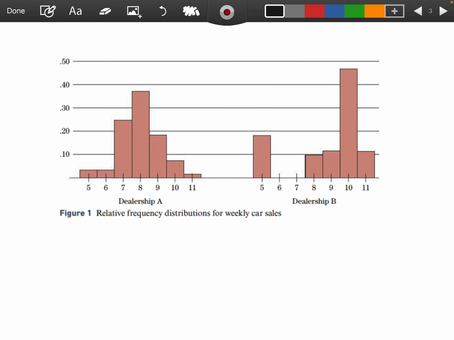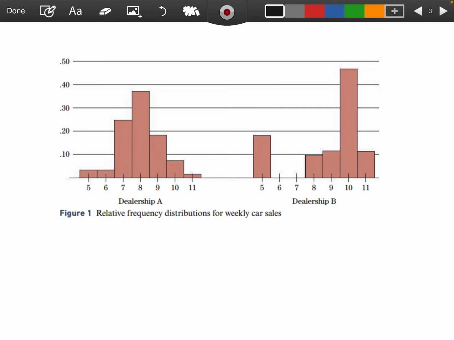So 19% of the time, dealership B had 5 weekly sales, so we've gone up to 0.19 for the histogram for dealership B at the outcome of 5. You do this for each one and draw a bar for each one, and that will give you the histogram for your data. Again, we've done this for both of them because it helps us to compare what's going on.